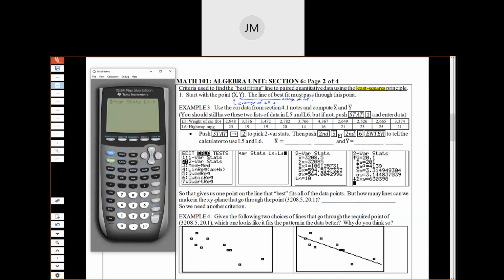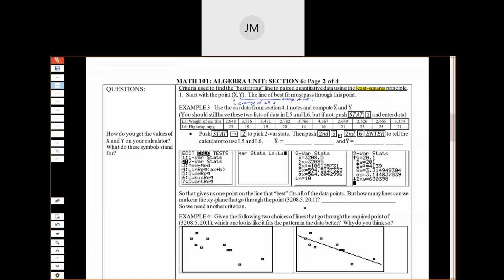I hit calculate, and here it tells me an X bar, and if I scroll down, it tells me a Y bar. So that's how we can find this average point. 3,208.5 is our X value average, and the Y bar is 20.1, so 20.1 is going to be my Y value.